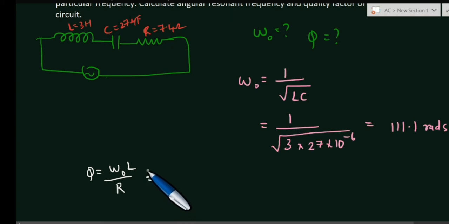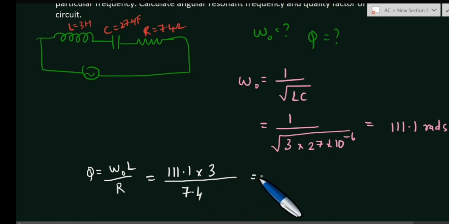So omega naught L divided by R, omega naught value we found 111.1 into L value that is equal to 3 Henry divided by R value is 7.4. So if you calculate it, the value comes out to be 45.01 and this is the value of Q. We'll see the next question.